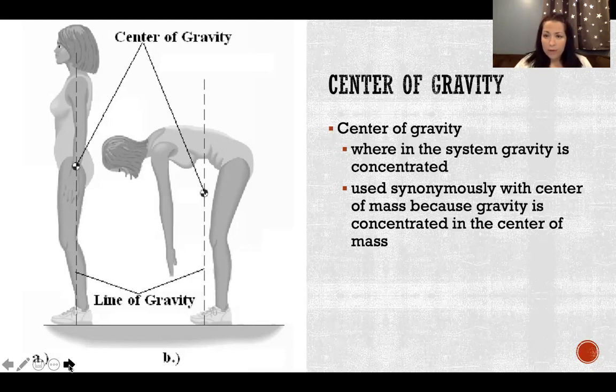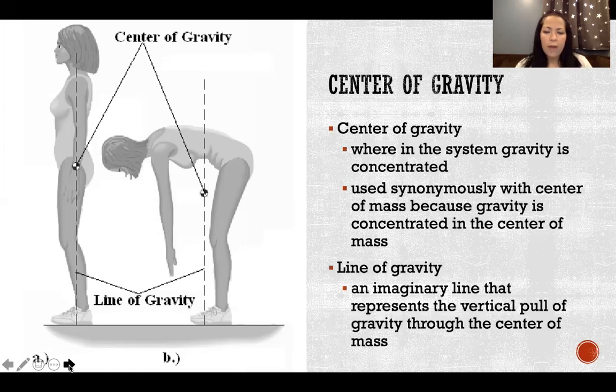The center of gravity is at the same location as the center of mass because gravity is going to be concentrated where the mass is concentrated. Those two terms are commonly used synonymously because they are in the same location, but technically they mean two different things. Center of mass is where the mass is centered in the body, and center of gravity is where gravity is concentrated in the body. They just happen to be at the same place.